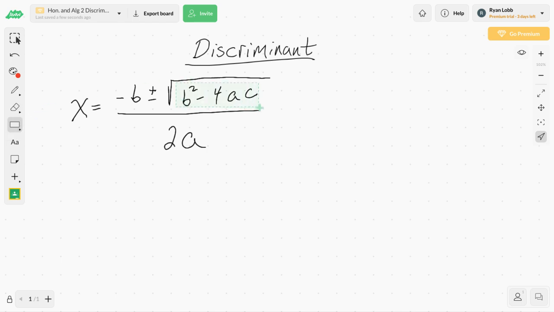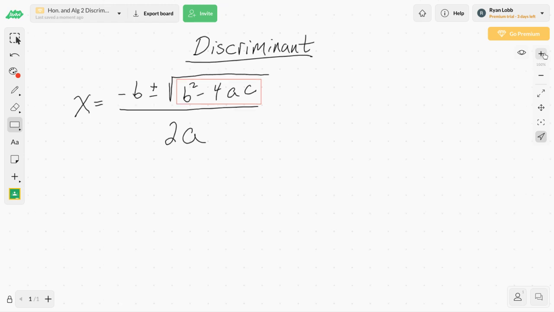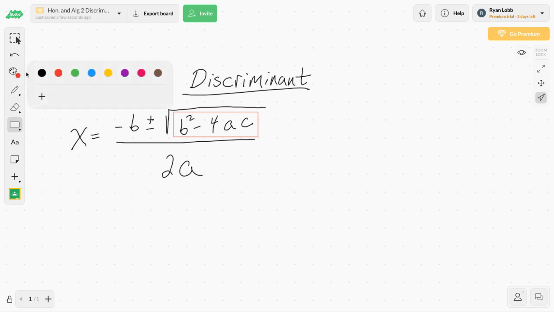So right here, this bit right there, the b squared minus 4ac. Notice that is not the square root. It is the stuff underneath the square root. So what is the discriminant?